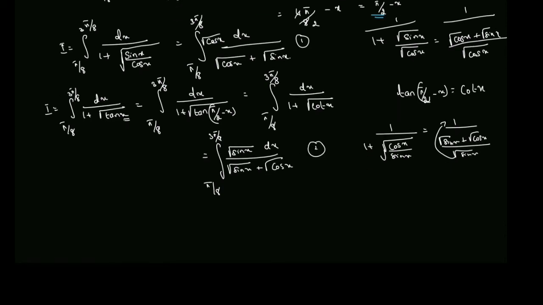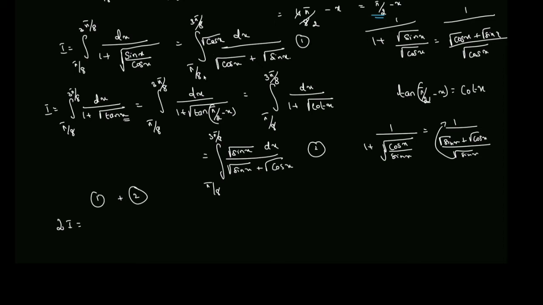Now add these two, I and I. If you add, you can easily integrate because the denominator is the same, and the numerators combine. Adding equations 1 and 2, the left hand side is I plus I, which is 2I.